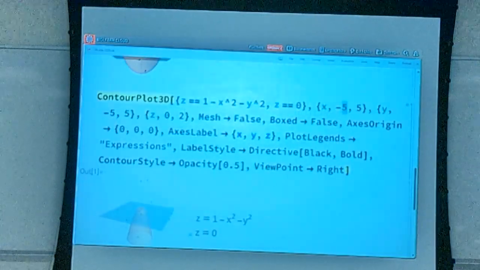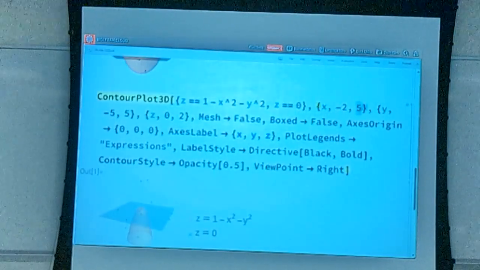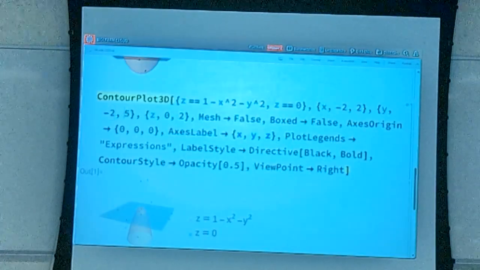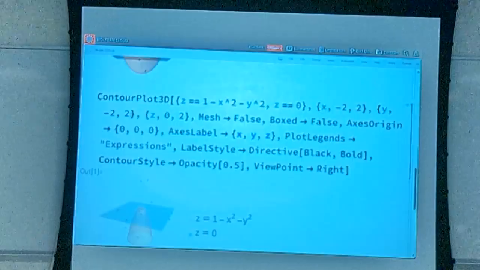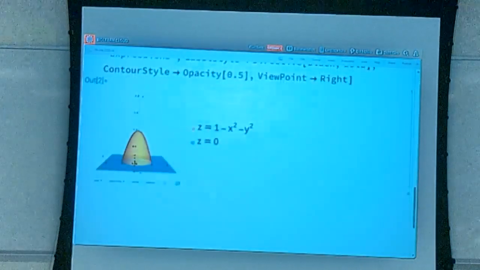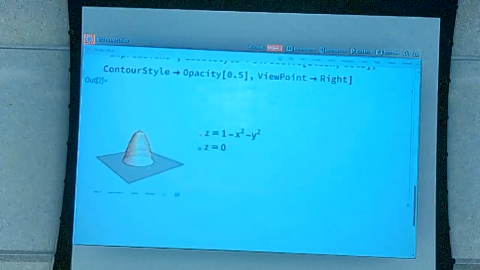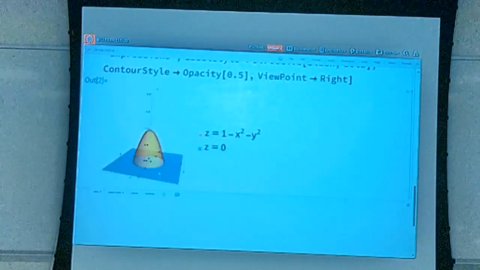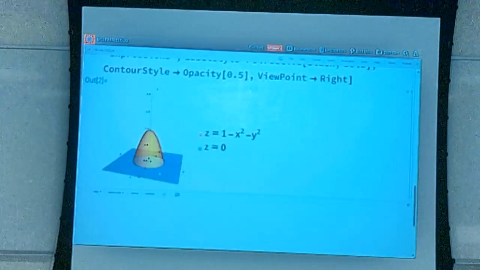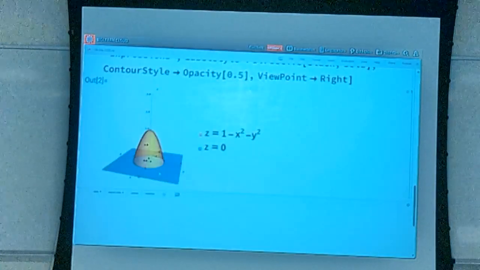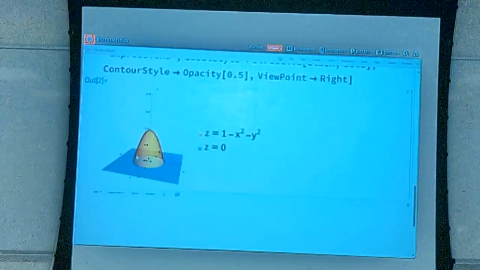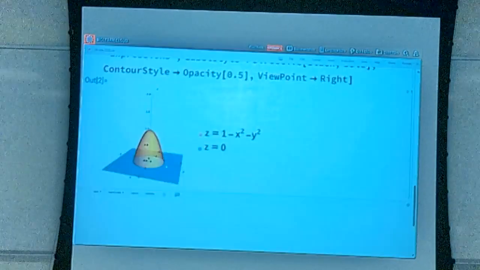See how that works out. That worked out pretty nicely, didn't it? The solid is this solid here, just orange.